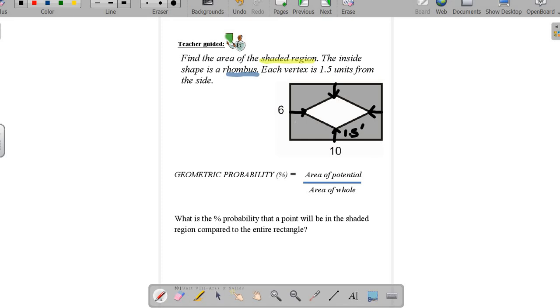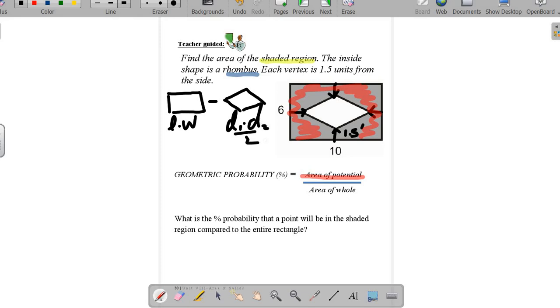We want to find the area of this shaded region. To get that, we're going to be doing the area of the rectangle minus the area of the rhombus. Area of a rectangle is length times width. The rhombus is diagonal times diagonal over 2.